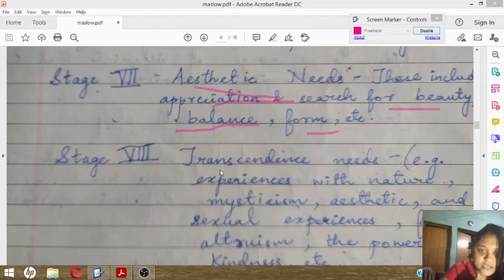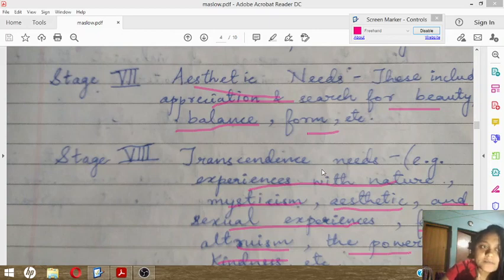Transcendence, don't get confused with this word. It is the last stage of Maslow's hierarchy of needs. The needs include experiences with nature, mysticism, aesthetic and sexual experiences, faith, altruism, and the power of kindness. All these get into transcendence.